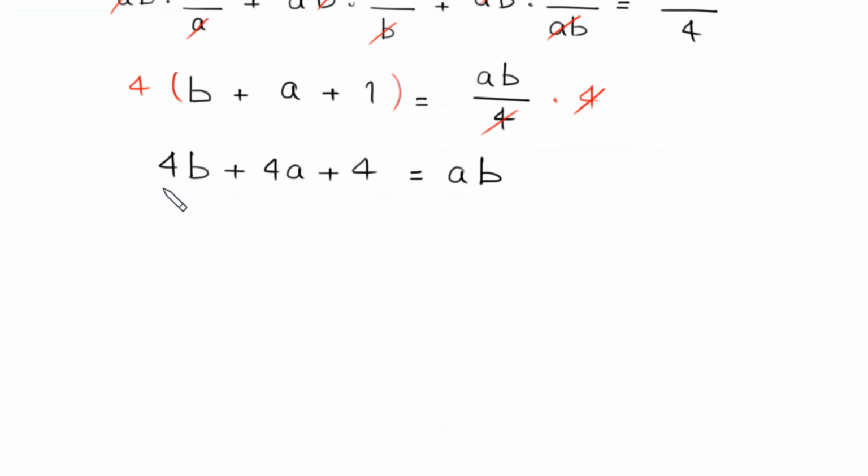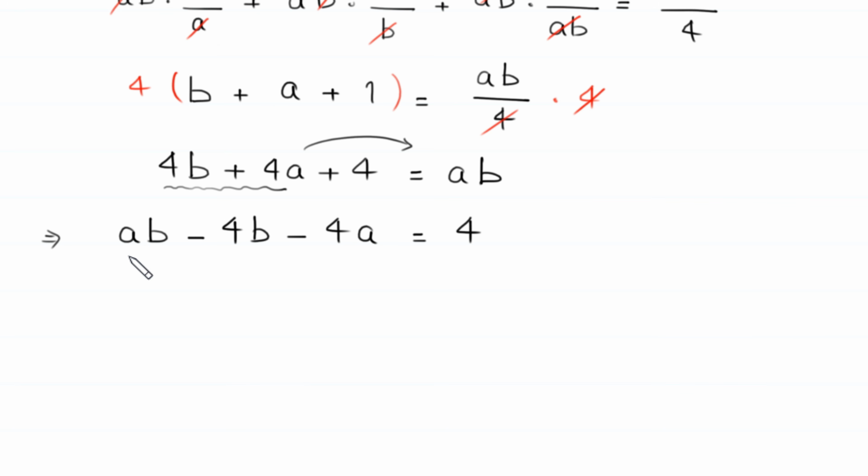Now we move these two terms 4b and plus 4a to the right hand side, then this implies that ab - 4b - 4a = 4.